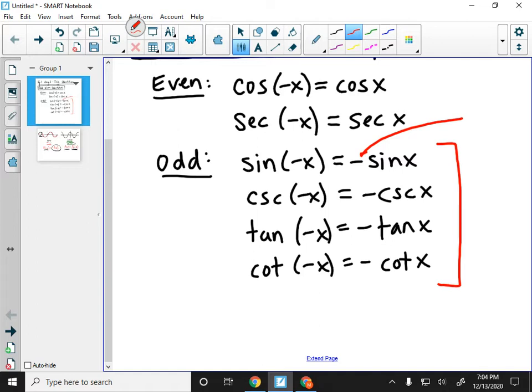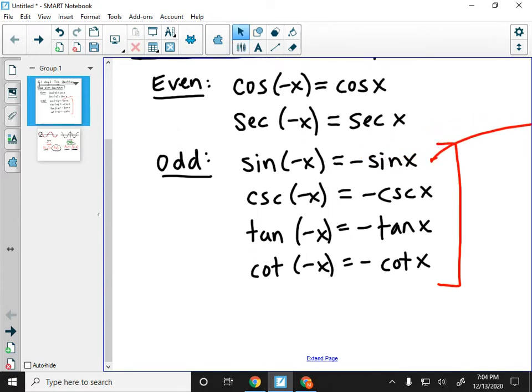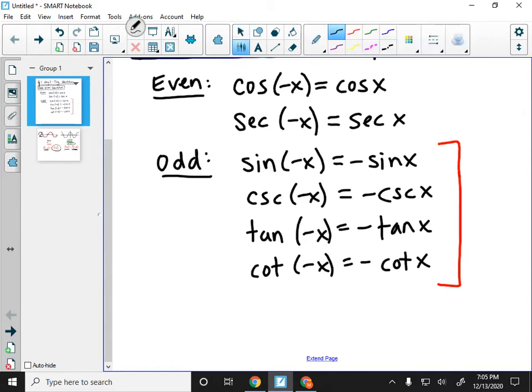If it was sine cubed of negative x, you'd have to take three negatives out, and a negative times a negative times a negative would still be negative. So you absolutely have to pay attention to the exponents for these ones. They will still work, you can still do them, but you just have to make sure you take that many negatives out for those odd functions.